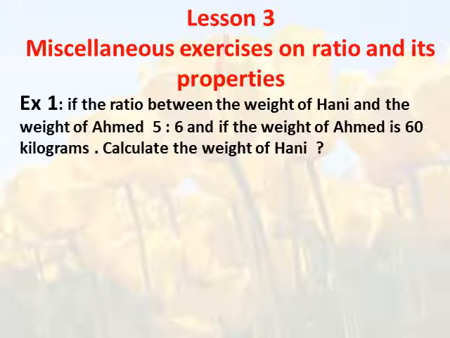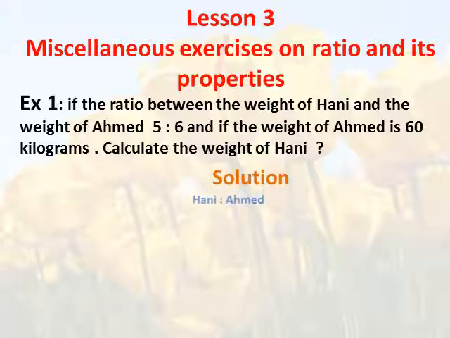Again, I have two quantities and I know the ratio between them, 5 to 6. And I know the real value of one of them, Ahmed's weight, which is 60 kilograms. Okay, how can I get the weight of Hani, the other quantity?